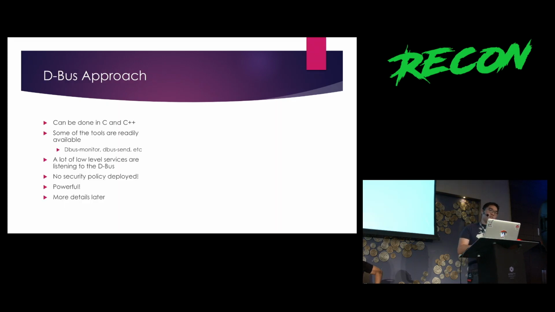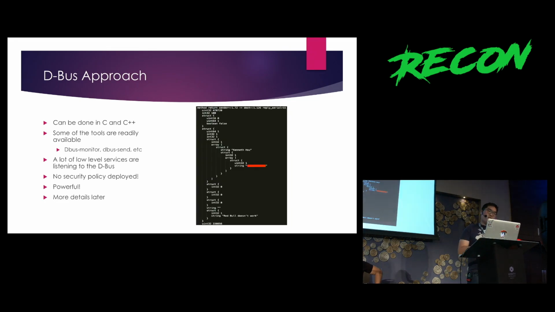And then here is the dbus approach. It's pretty powerful in the sense that it's easier to write and interact with. And the best of all is that because all the servers are listening on dbus, and there's no security policy deployed to do the access control, you can send any method supported by the Swift servers to it and then control the components.